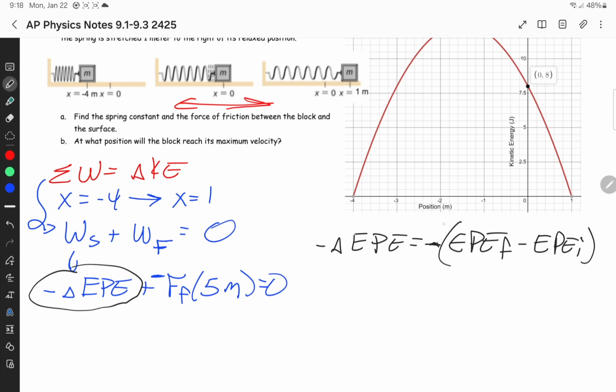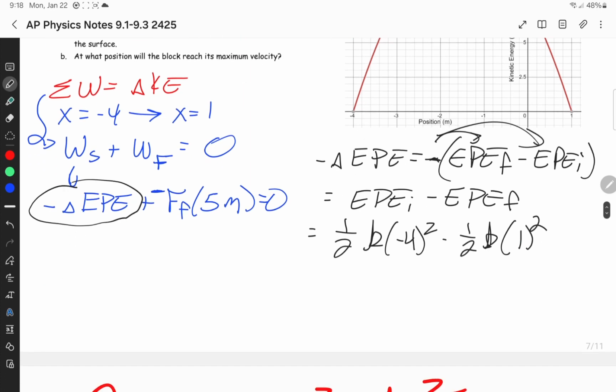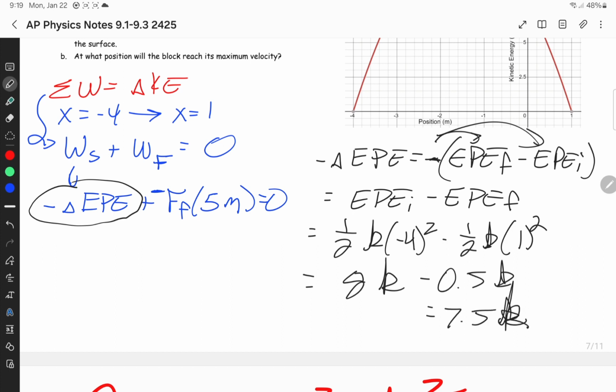Well, distribute this negative here, and you end up getting EPE initial minus EPE final, which is 1/2 K times my initial position squared minus 1/2 K times my final position squared. So -4 squared is 16, so I'm looking at 8K minus 0.5K is 7.5K. That's my change in elastic potential energy.